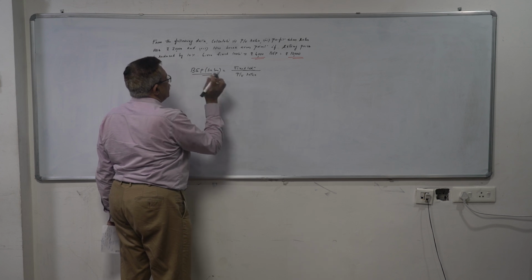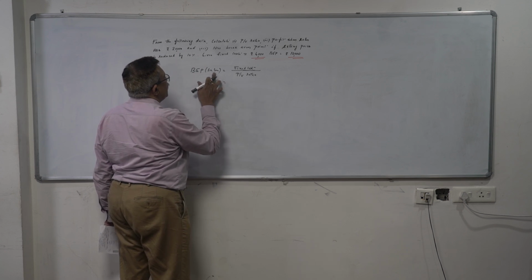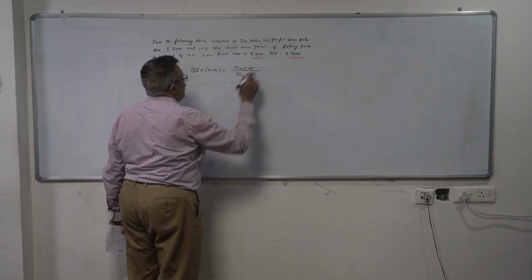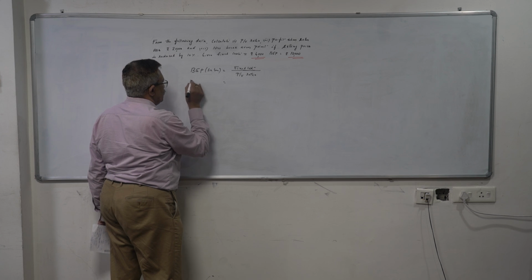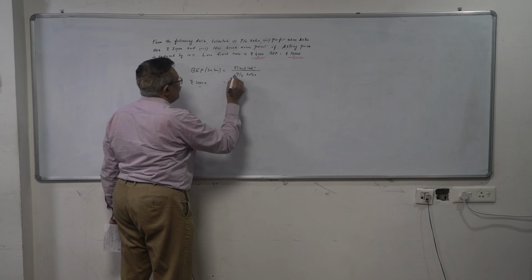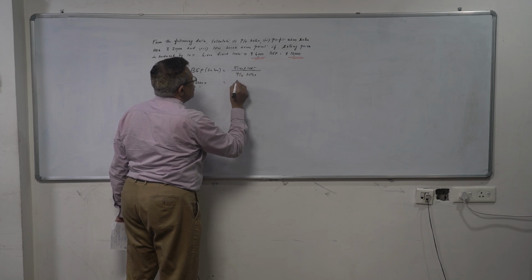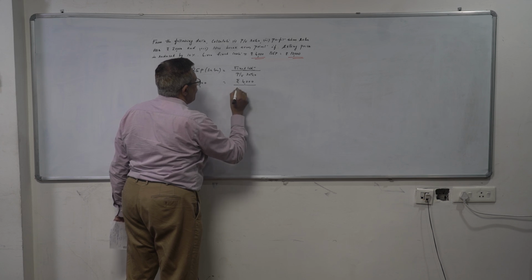So here the break-even point in terms of sales is given as rupees 10,000, and fixed costs are given as rupees 4,000 divided by PV ratio.